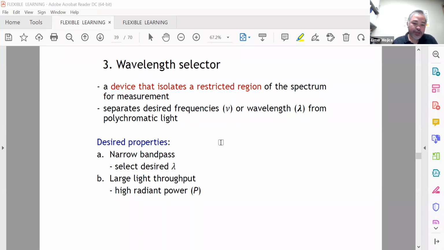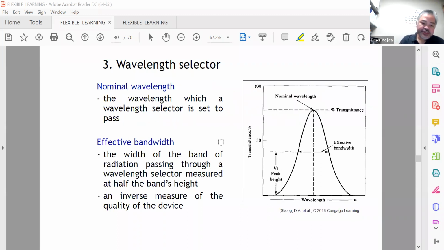So if you have a wavelength selector, the nominal wavelength that you have there, that's the wavelength which our wavelength selector is set to pass. Okay, so if you have a nominal wavelength here, this is the particular wavelength that you like. Okay, so the percent transmittance that you have there increases, and then goes down.